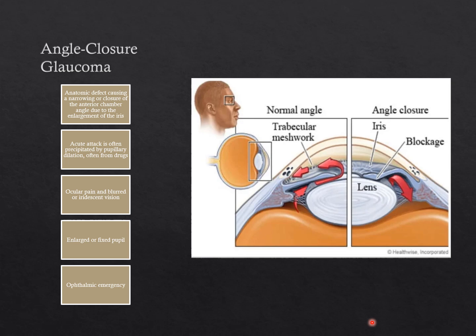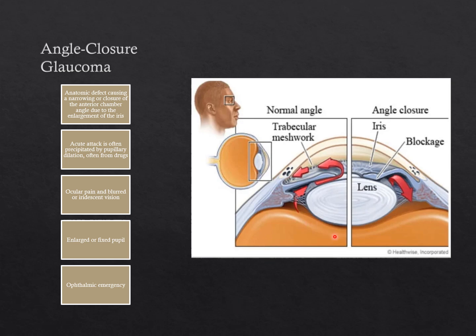So someone takes a medication that causes their pupils to dilate, and that pupillary dilation changes the anatomy within the eye, and it forces that angle towards the trabecular network to close. The signs and symptoms someone would experience are acute ocular pain and blurred or what we call iridescent vision. Also, when you look inside of this person's eye, you would probably see an enlarged or fixed and dilated pupil. Angle closure glaucoma is an ophthalmic emergency.